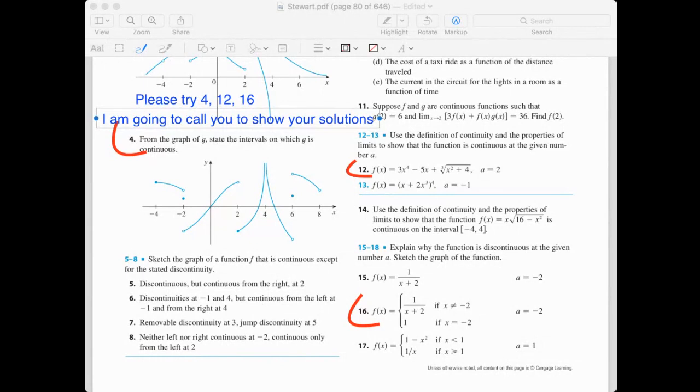Remember, let's see the syllabus. Let's see the grading policy. Okay, the grading policy: 10% presentation, 20% homework, 30% quizzes.